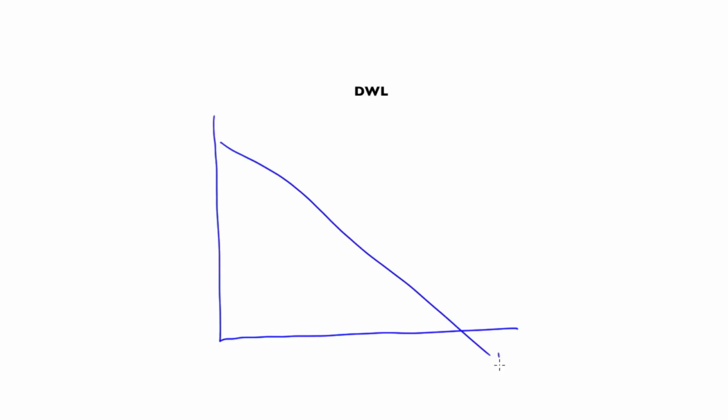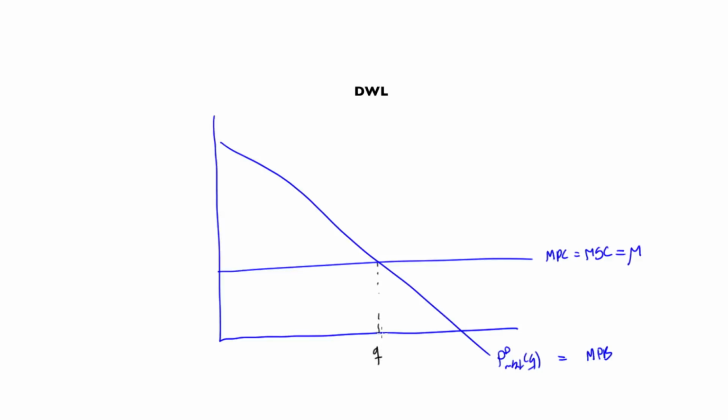Now we can characterize the deadweight loss, which is the size of the inefficiency in this market, graphically. We know that the market is going to produce at a point in which the inverse demand function, which remember measures the marginal private benefits, is equal to the marginal private cost, which is equal to the marginal social cost in this example, which is equal to mu. And that is going to give us this equilibrium of the market allocation.